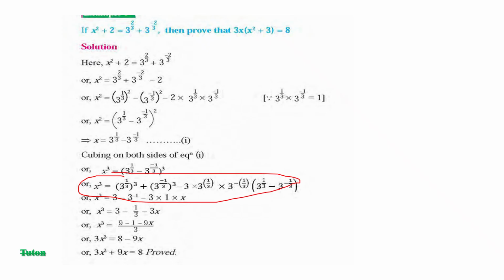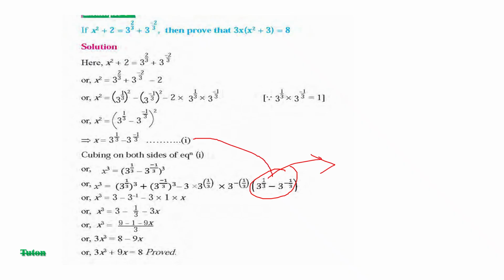Here this part, 3 to the power 1/3 minus 3 to the power negative 1/3, can be written as x, as we can see that equation 1 has the value for x, which indicates this term.